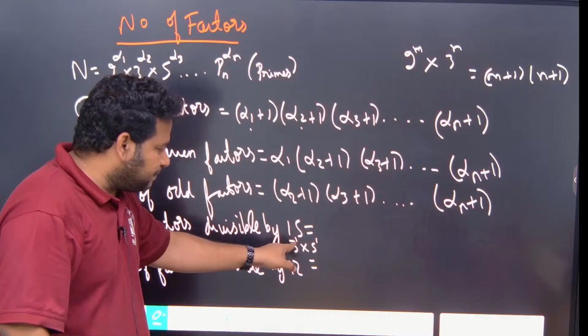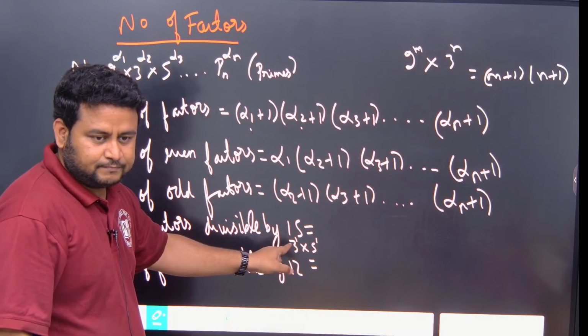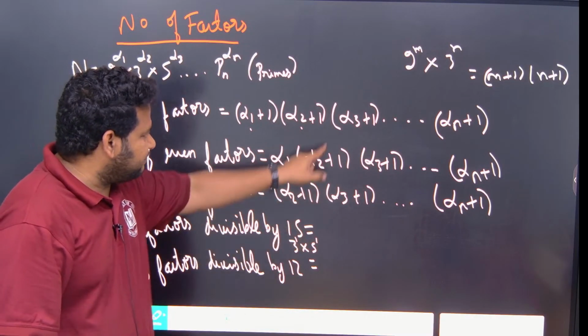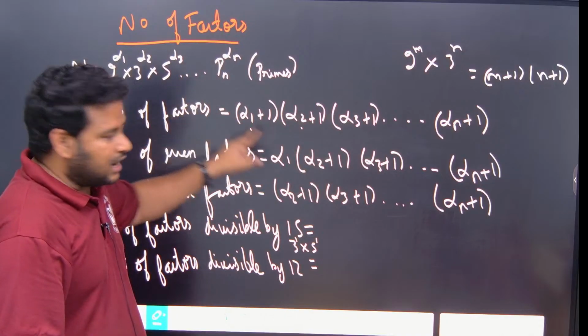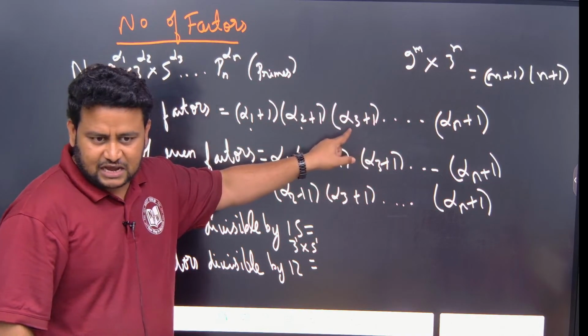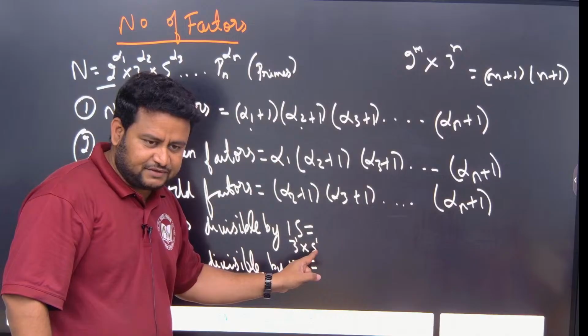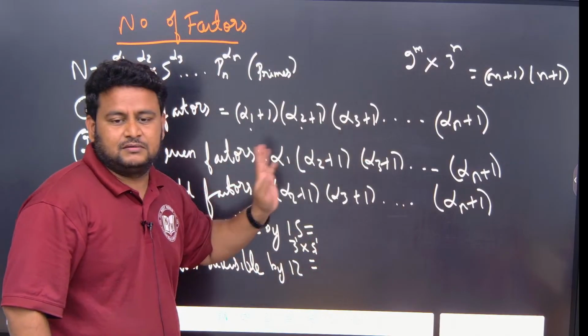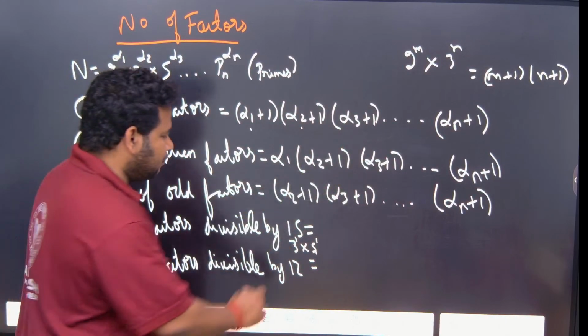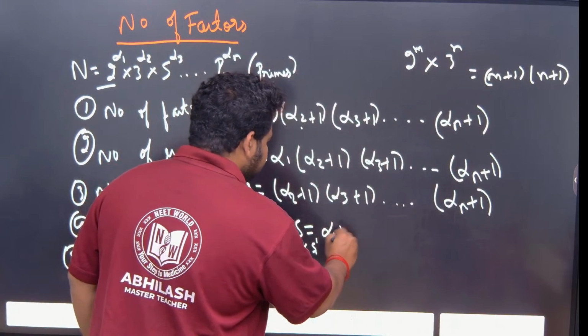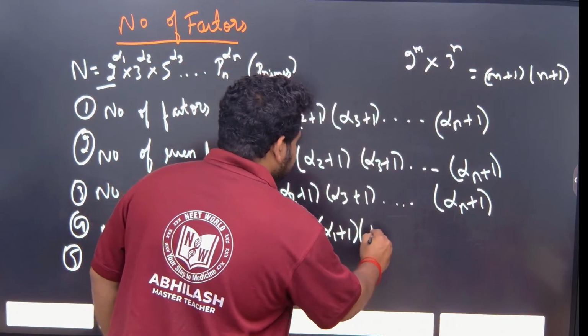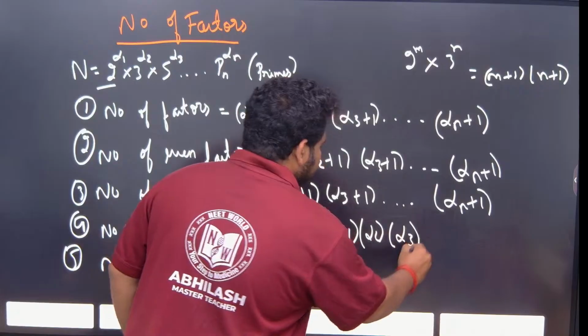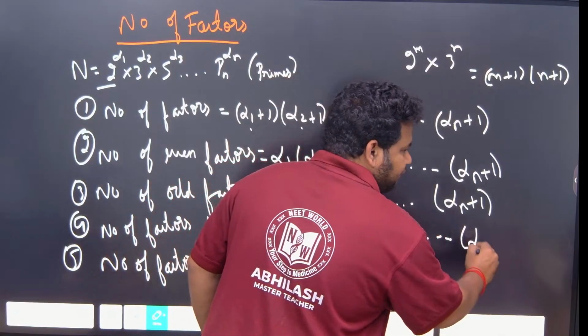From that, since the power is 1, you subtract 1, so it becomes alpha 2. For 5 we have alpha 3 plus 1. Here the power is 1, so subtract 1, and this becomes alpha 3. Now I can write this as alpha 1 plus 1 into alpha 2 into alpha 3, and it goes on up to alpha n plus 1.